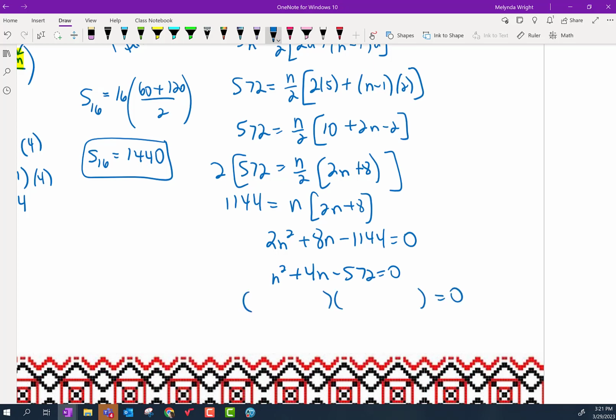Now this does factor. I know the number is fairly large, so I'll show you what the factoring is. It's basically 22 and 26. If you had one this big, you would certainly have a calculator so you could work with the numbers. So that's basically what we would get: x minus 22 and x plus 26 for our factoring. So x would be 22 or x would be negative 26.